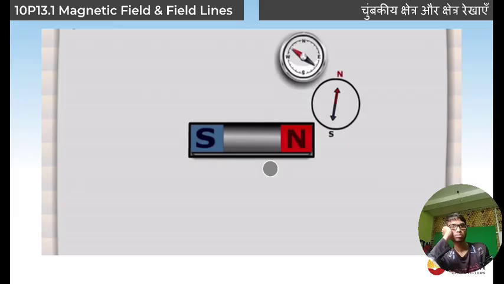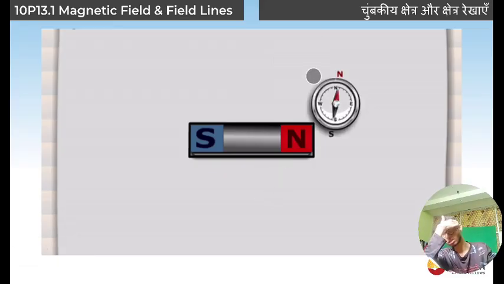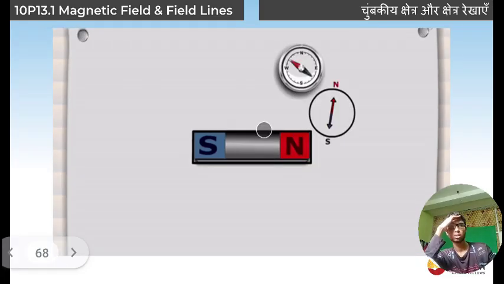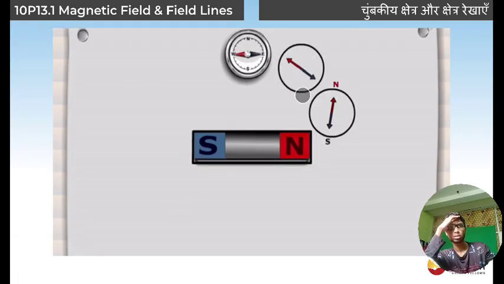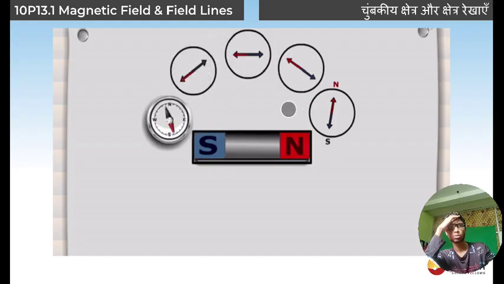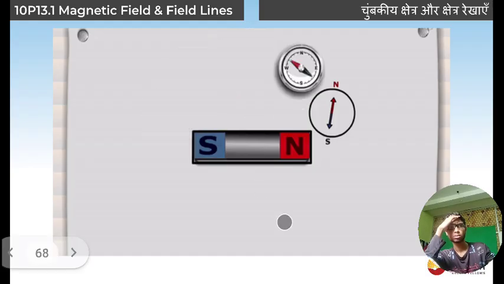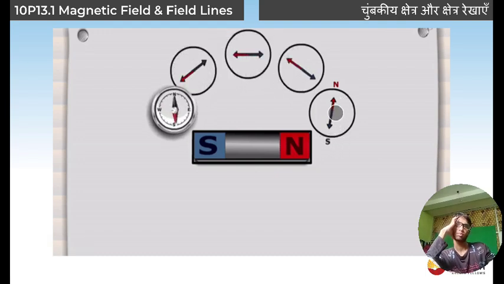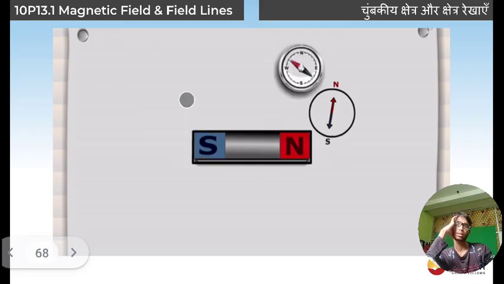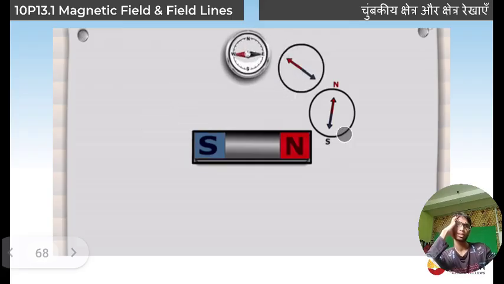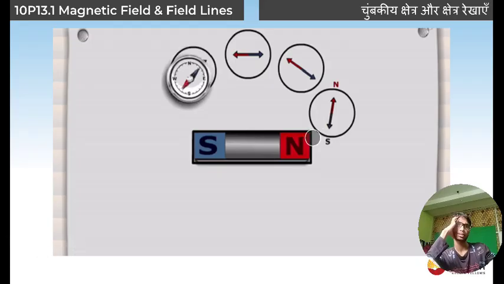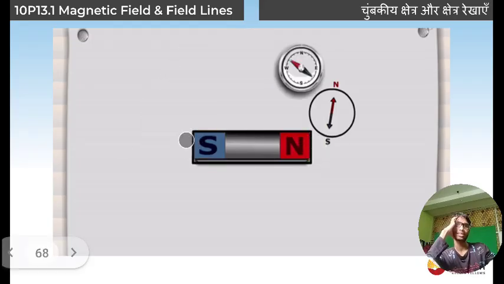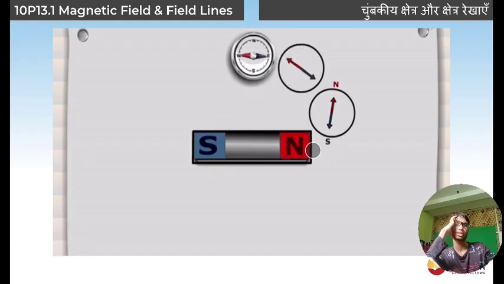And this is a diagram of this. Here you can see, as we move a compass like that, both are attracting each other because both are different. And here, both are different as well.